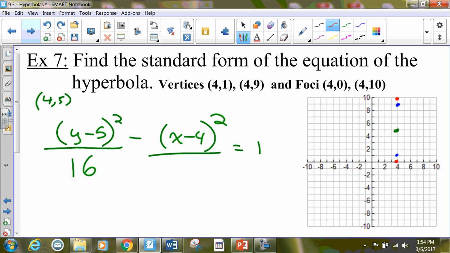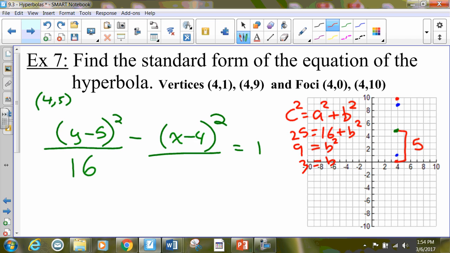And so we know that c, the distance from the center to the foci, is 5. So we're going to go ahead and use our cab. It's so positive. So c squared is 25 equals 16 plus b squared. Can you see what b squared is going to be? We'll have 9, and so b is 3.